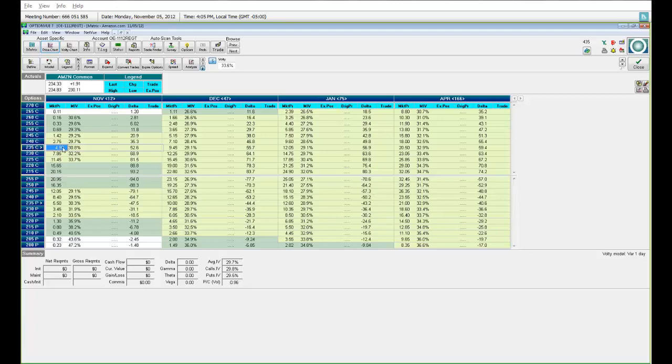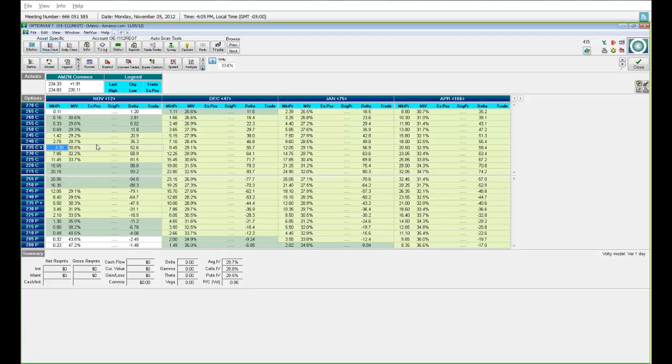What this means is that if you think Amazon's going to go up over the next 12 days, wouldn't bet on it, but anyway, over the next 12 days you could buy an at the money 235 call, but it's going to cost you $4.50. In other words, you don't have to buy Amazon stock.